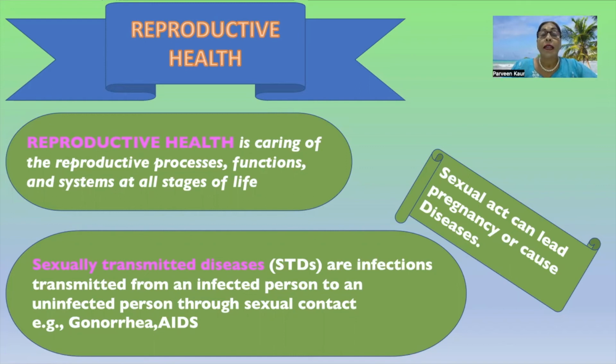Reproductive health is the caring of the reproductive processes, functions, and system at all stages of life. A sexual act can lead to pregnancy or cause sexually transmitted diseases. Sexually transmitted diseases are infections transmitted from an infected person to an uninfected person through sexual contact, for example gonorrhea, AIDS, etc.